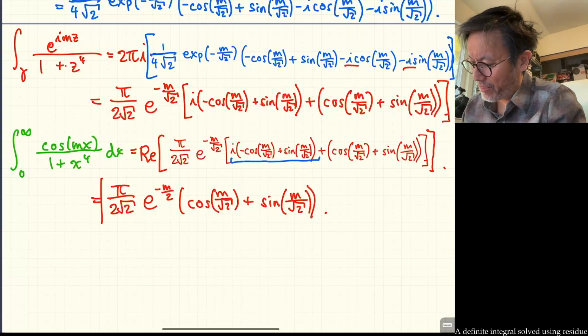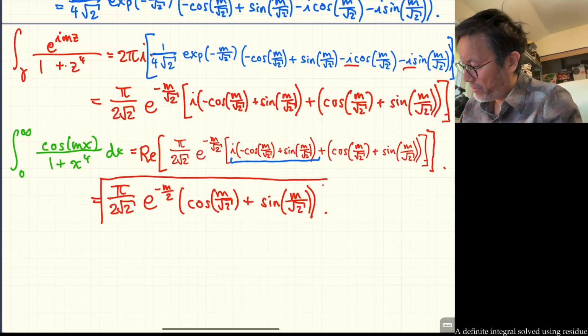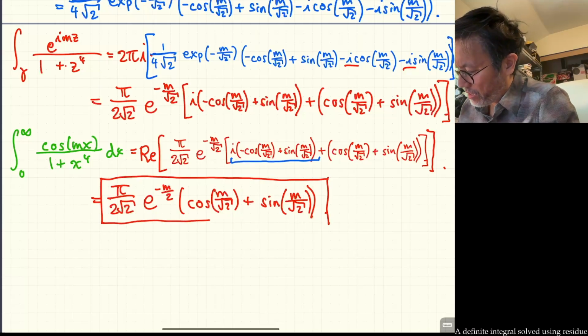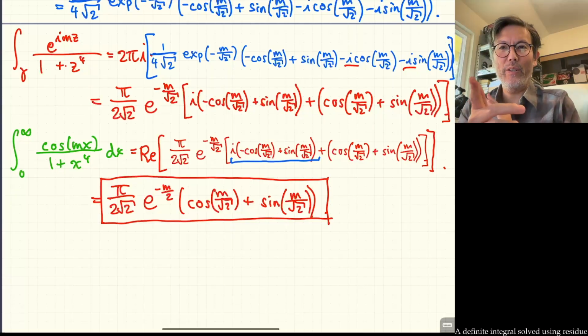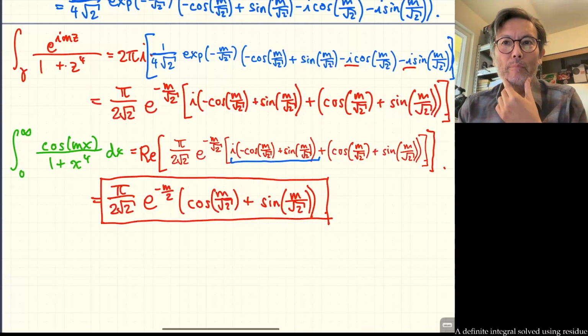And that's it. That's the value of this integral. Okay? Wow.